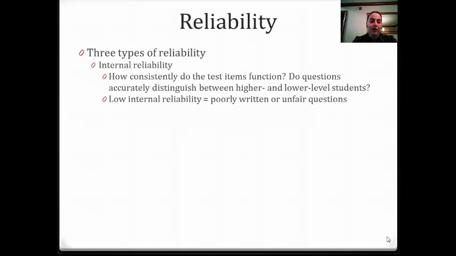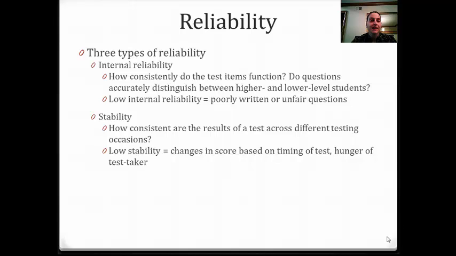If there are many poorly written or unfair questions, then the test is going to lack internal reliability. And it's not going to be able to properly distinguish between the higher level and the lower level students, or between students who are well prepared and those who are not, which is the whole point of the test. Okay? So internal reliability affects the effectiveness of the test.